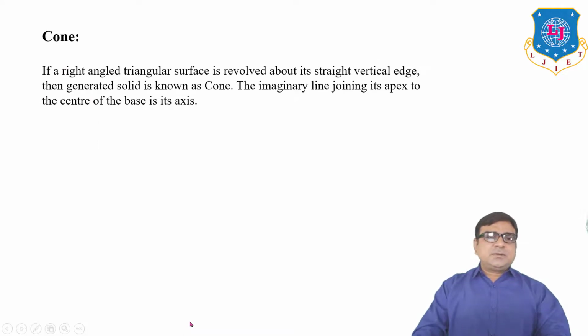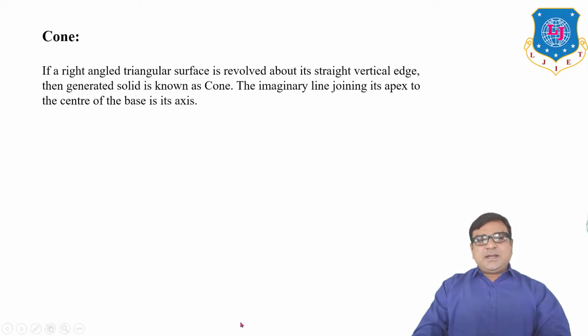Now what is a cone? A right angle triangular surface is revolved about its straight vertical edge. Then the generated solid is known as a cone. The imaginary line joining its apex to the center of the base is its axis.